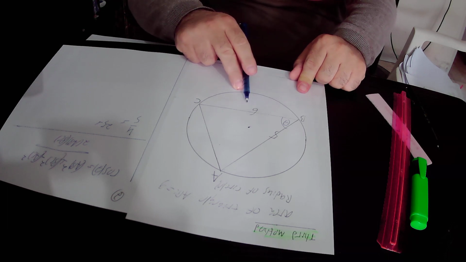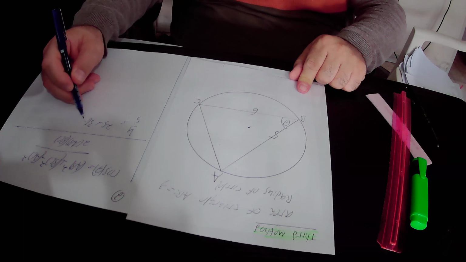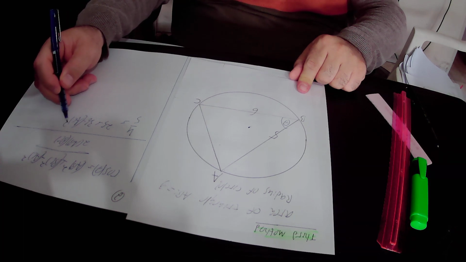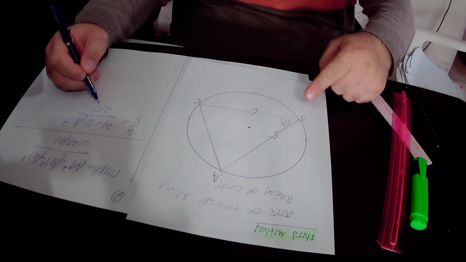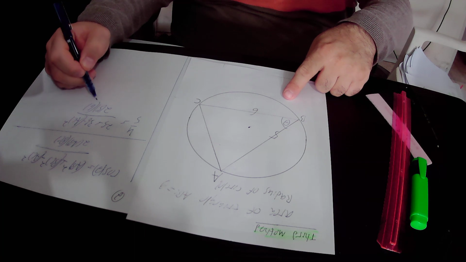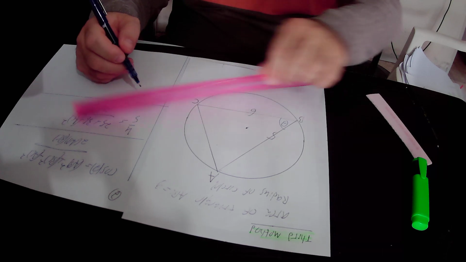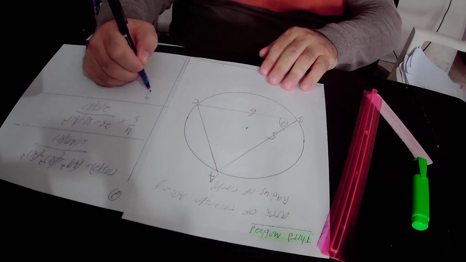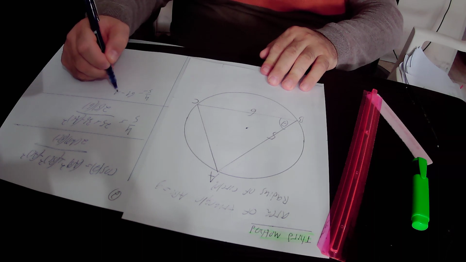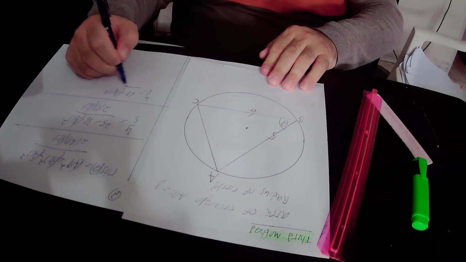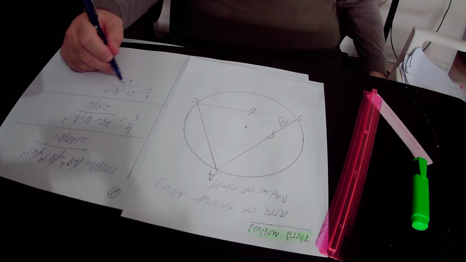BC equals 6 units, so BC squared is 36, minus AC squared, over 2 times AB, which is 5, times BC, which is 6. So here we found out that 4/5 equals 25 plus 36, which is 61, minus AC squared, over 6 times 5 is 30, and 30 times 2 is 60.